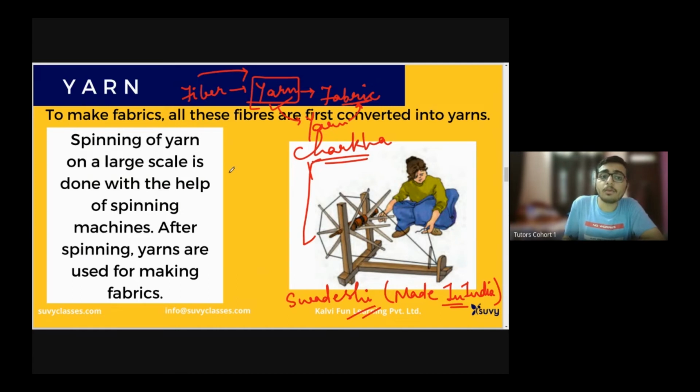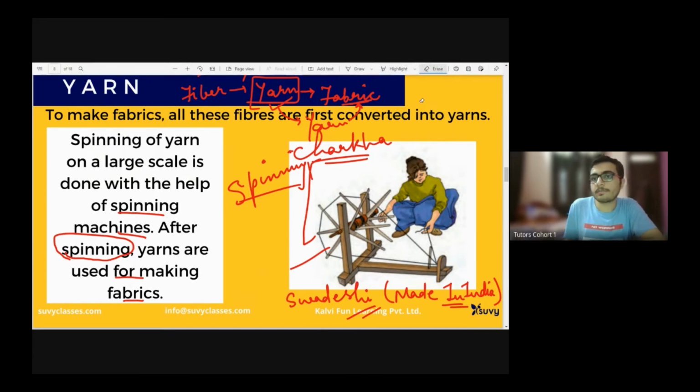So for that we go for spinning, and spinning is basically done on spinning tools such as the charkha. After spinning, yarns are used for making fabric. So spinning is the process by which we convert yarn to a better form. Spinning machines are also available. The charkha was an older step. Now we have automated machines for this process.